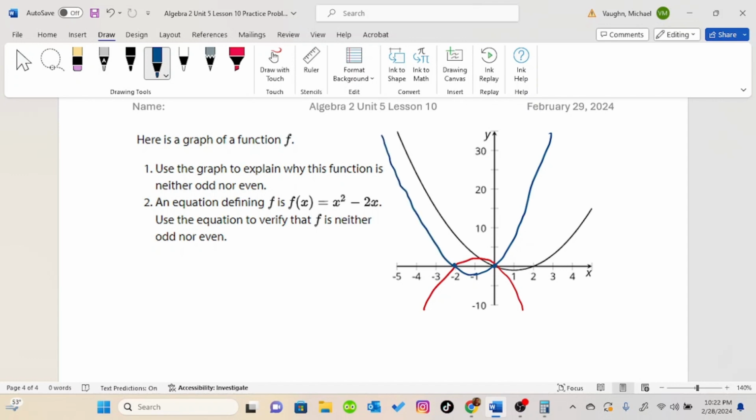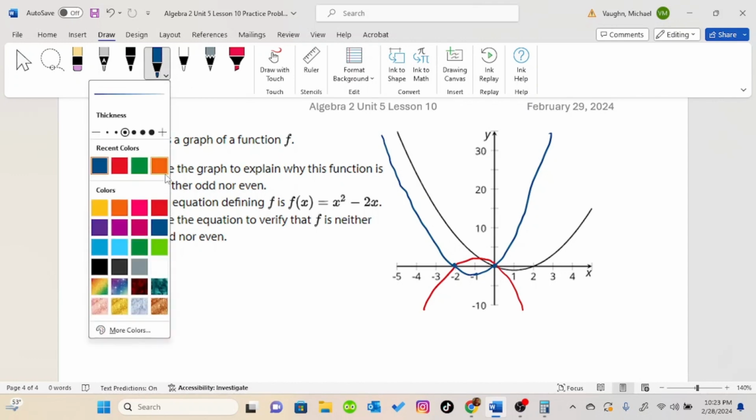In order for this to be an even function, when we reflect it across the y-axis, we would need to get the same image back. And you can clearly see the blue graph does not line up with the black graph. So this is how we would use the graph to show the function as neither odd nor even.